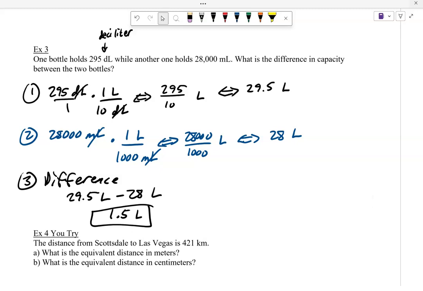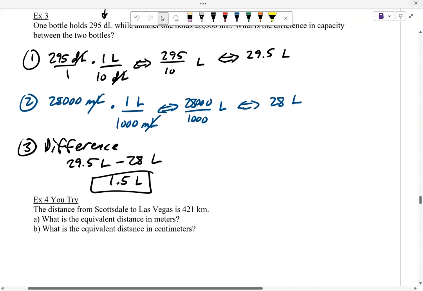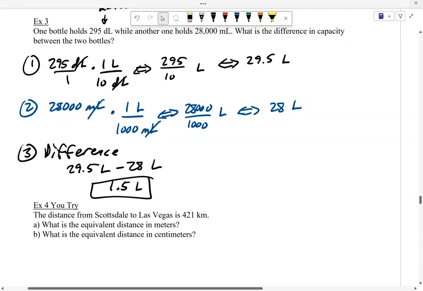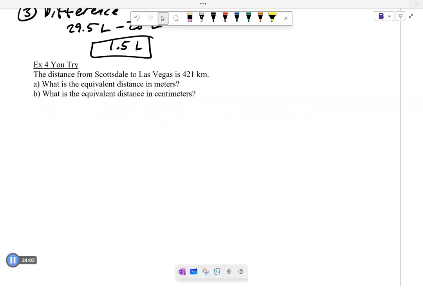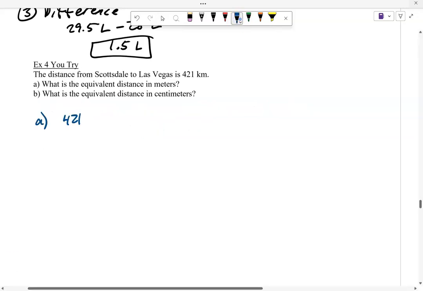Yeah, and this next one's a you-try problem, so go ahead and pause the video. The distance from Scottsdale to Las Vegas is 421 kilometers. What is that in meters? And then find out what that is in centimeters. Well, for part A, we got 421 kilometers.